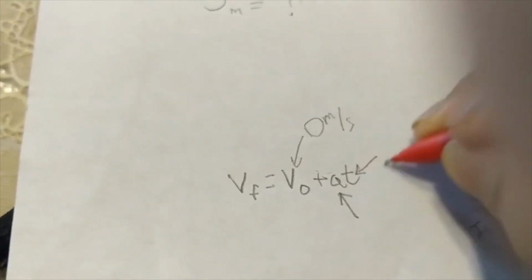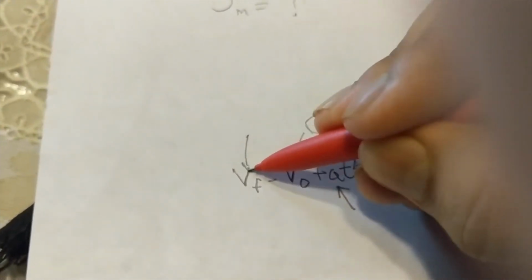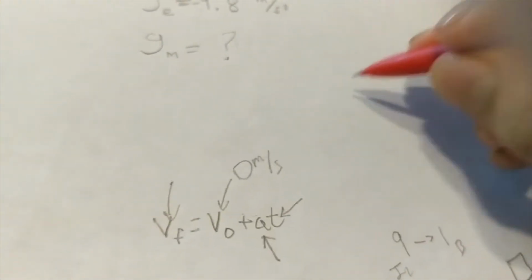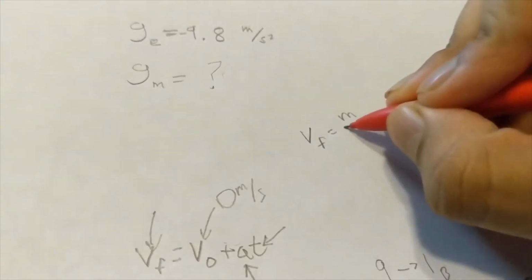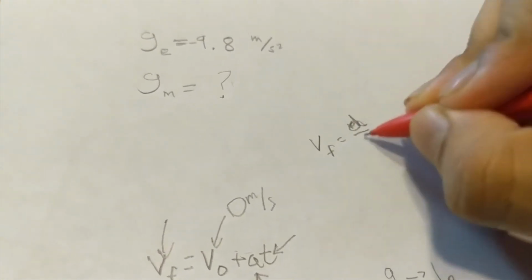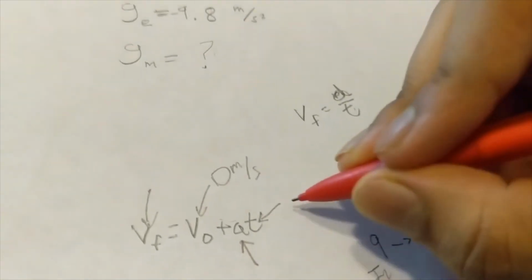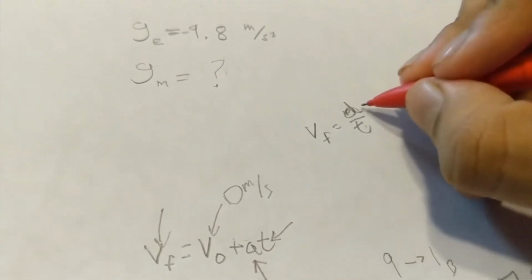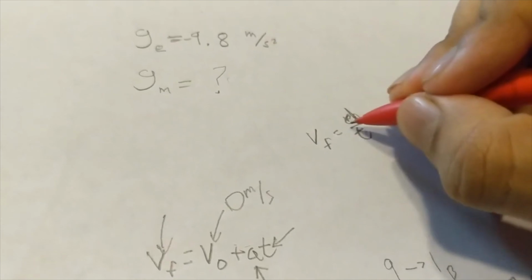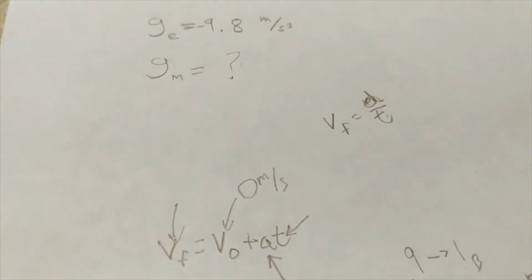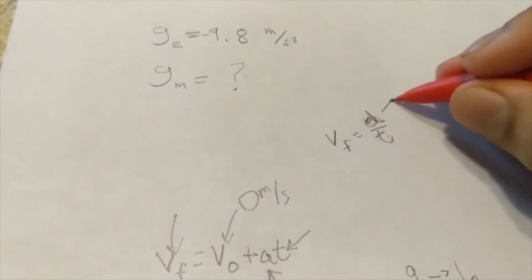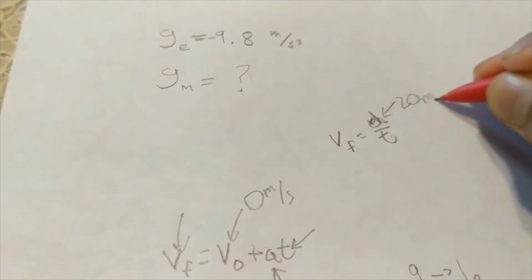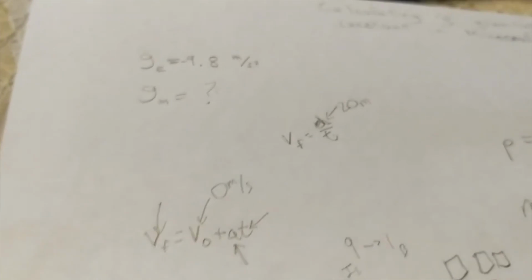T, we need the time, and Vf is going to be calculated by d over t, distance over time. We're going to calculate time in the experiment, and we're going to do d as 20 meters because we are dropping it from 20 blocks. So let's get on with the experiment.